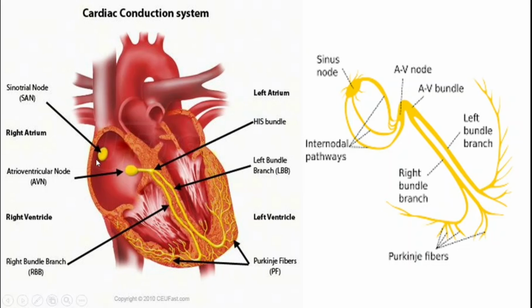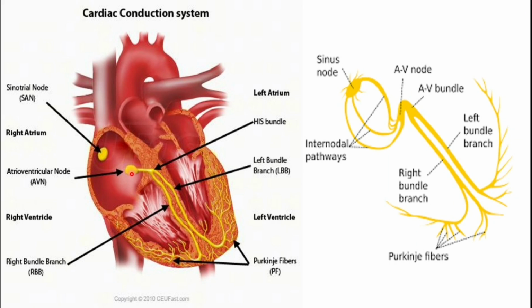So in the cardiac conduction system, the impulse begins at the SA node, and this allows the atria, both the left and the right atria, to contract simultaneously, and the wave of excitation in the atria then stimulates the AV node, and the AV node then delays that stimulus for a brief period of time, just to not allow the ventricles to contract with the atria, because the ventricles contract after the atria complete their contraction.